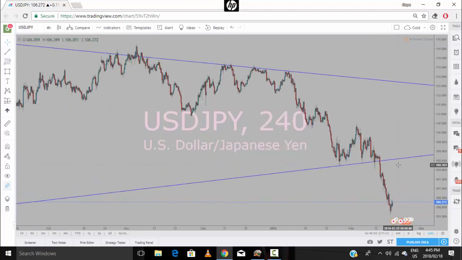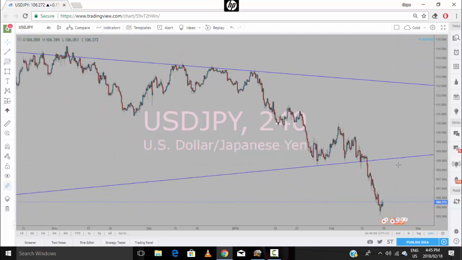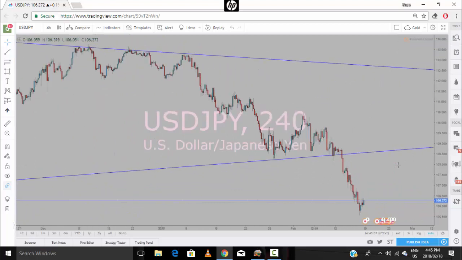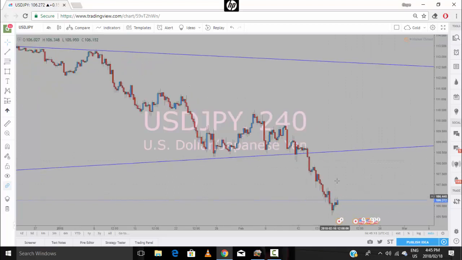Alright, so what I'm just gonna do with the US dollar JPY is, for UJ, I still believe UJ is fun. I still believe the Japanese yen is strong. I've been saying this, and I'm forever gonna say this because it's been holding up against strong euros and strong dollars.